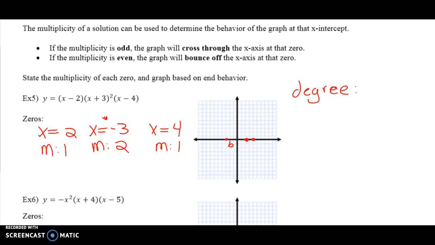This is x minus 2 times x plus 3 times x plus 3 again times x minus 4, right? So how many total x's are there? 4. Most importantly, it's even.